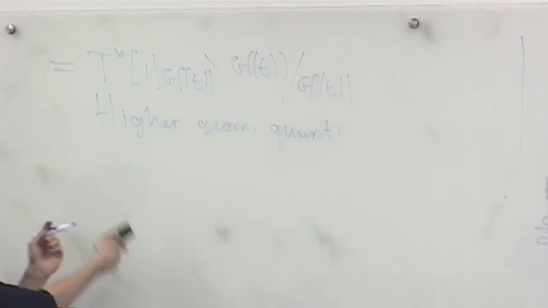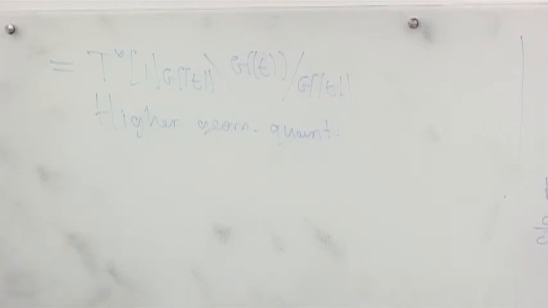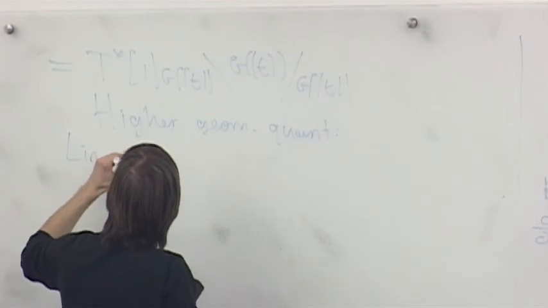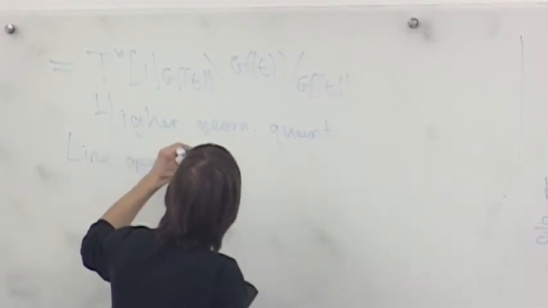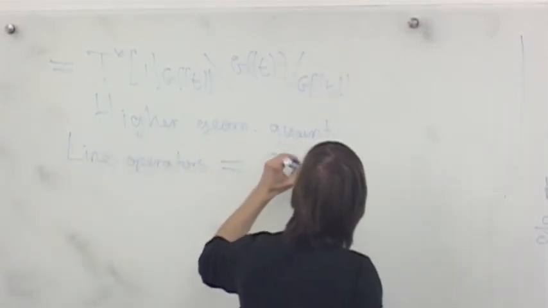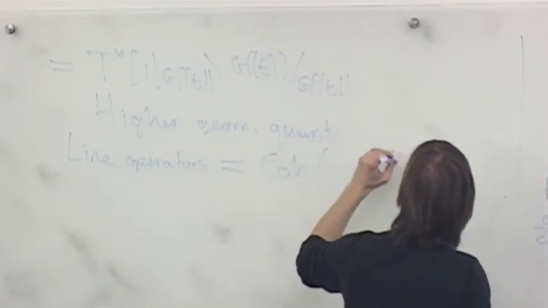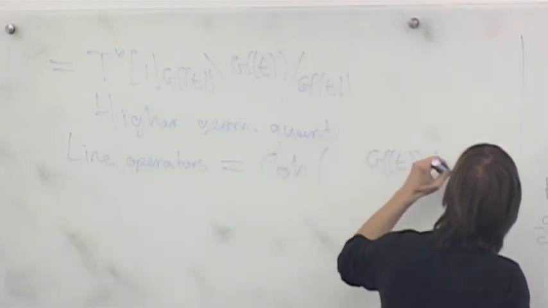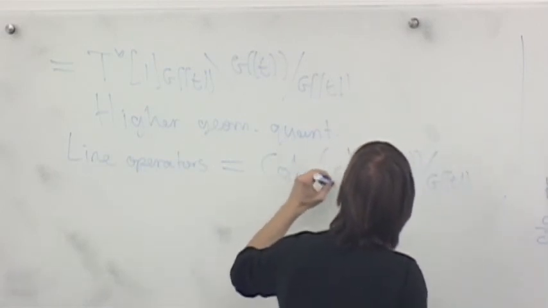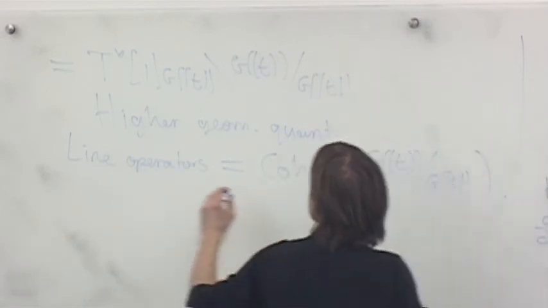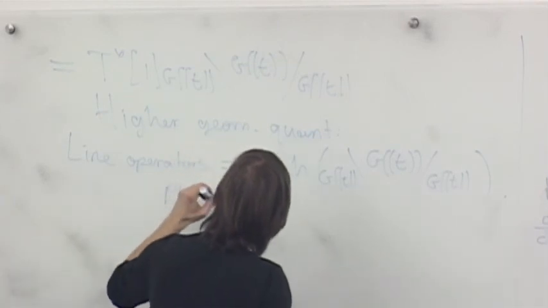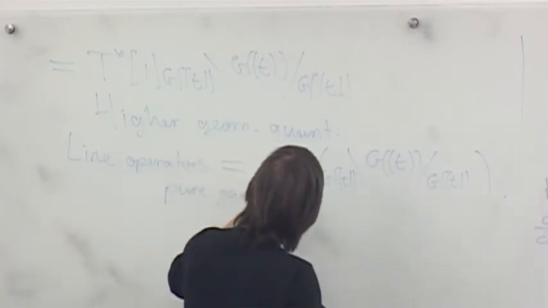We kind of declare by the statement that geometric quantization is the right thing to do, that line operators are coherent sheaves. This is the pure gauge case. Is this the definition of geometric quantization of line operators or coherent sheaves?